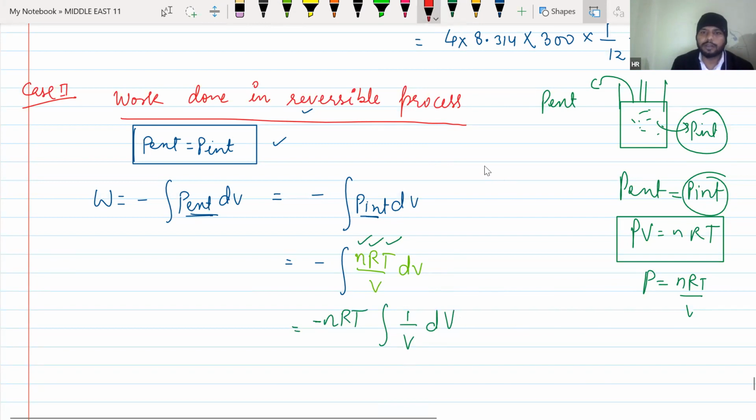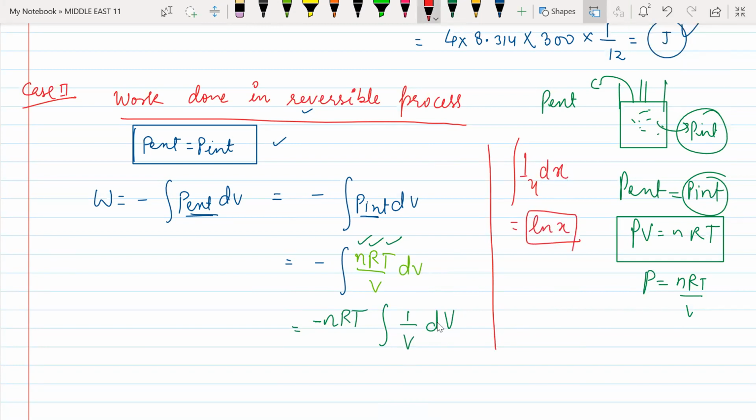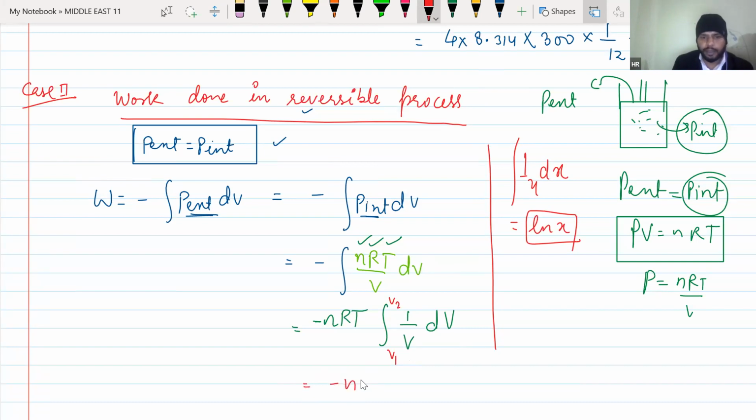Do you know what is the integration of 1 by x? It is ln x. So after integrating it, we can give limits from V1 to V2. So it will be nRT, and it will be ln V. The integration of 1 by V is ln V from V1 to V2.